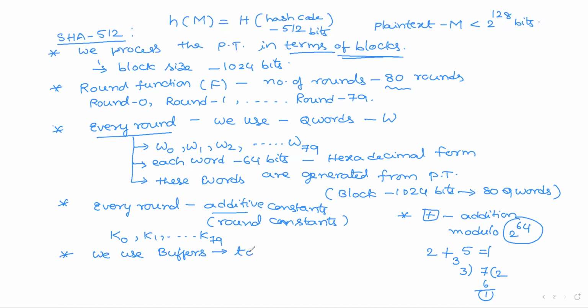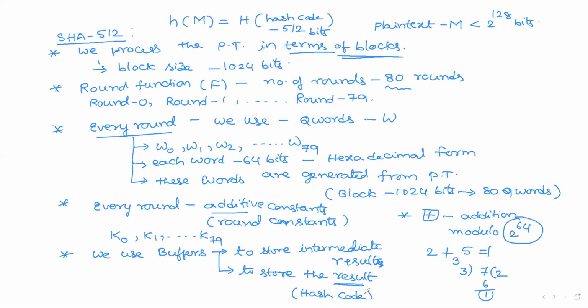These buffers are used to store intermediate results, and then after the final round, we need to store the result. What is this result? That is nothing but the hash code, the message digest.